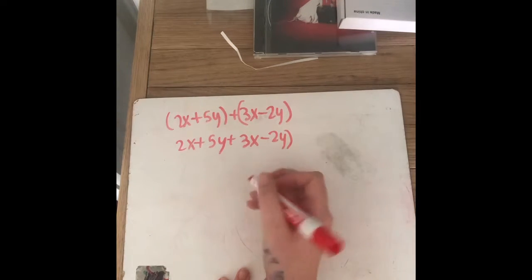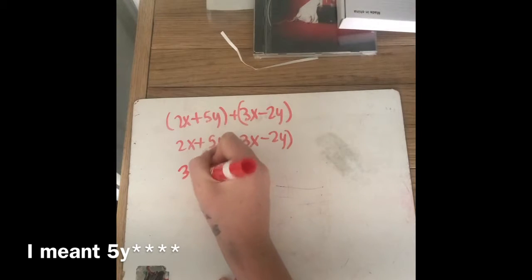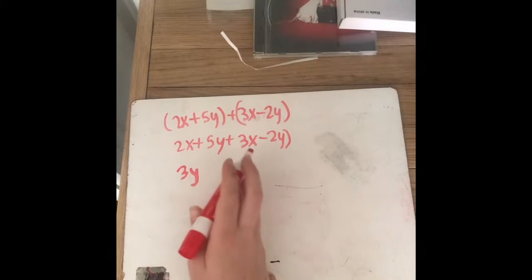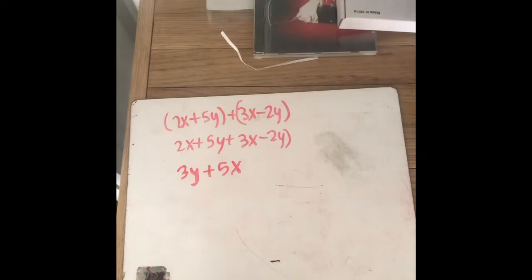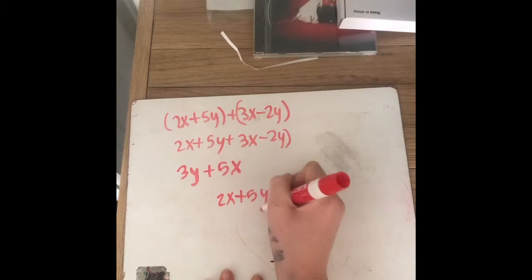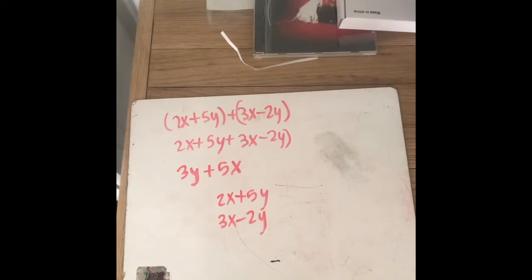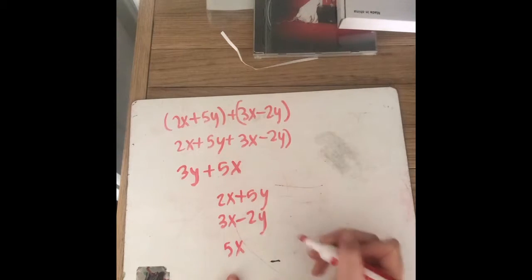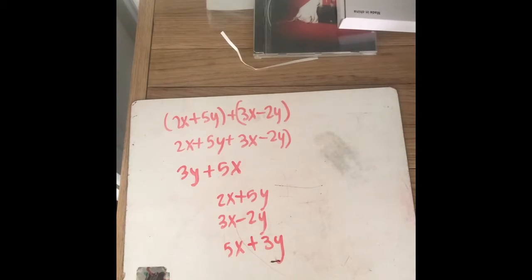So here's horizontally. 5y minus 2y is 3y, and then 3x plus 2x would be 5x. So that's how you do it horizontally. If you want to do it vertically, you could do 2x plus 5y, 3x minus 2y. Then you would add those: 5x plus 3y. So either way, you end up with the same outcome.